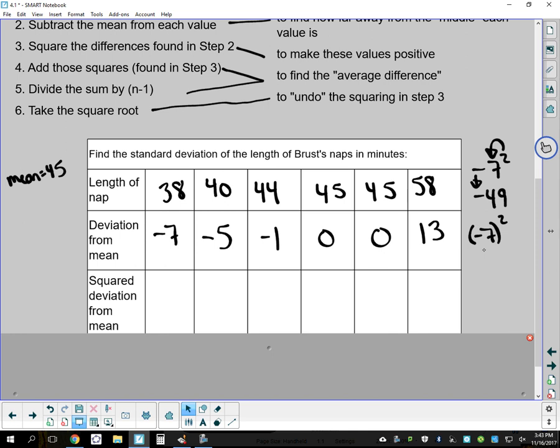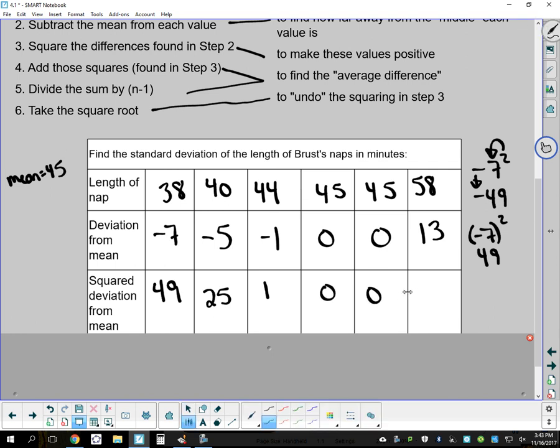So you have to do it in parentheses because anytime you square a number, positive or negative, it should become positive. Now, if there's an extra sign somewhere, like out front, that will change your answer. But we are simply squaring this number. That makes it positive. -5 squared is 25. -1 squared, 1, 0, 0.